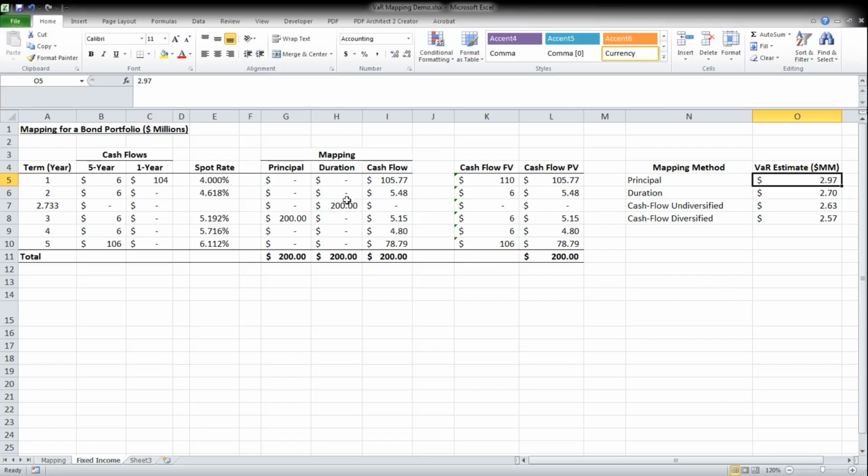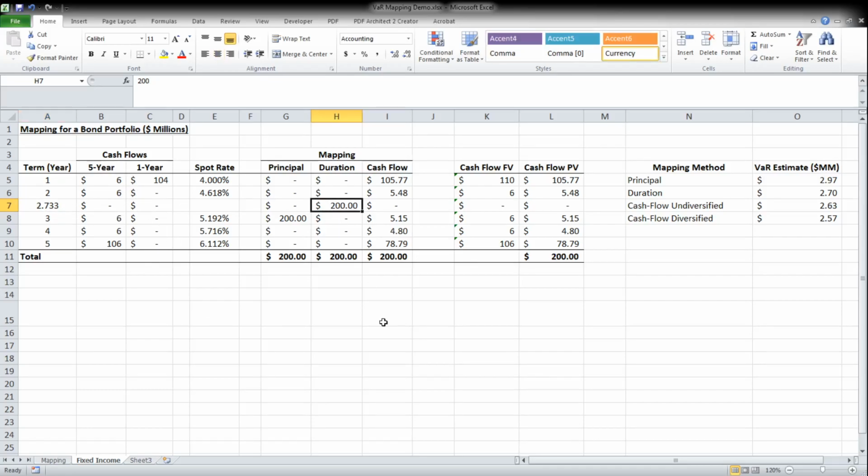Now, the duration method is a little bit more accurate than principal mapping. Instead of using the average maturity of our bonds, we use the average duration of the two bonds, and that turns out to be a 2.733 year bond that has the same duration as the average duration of our bonds.